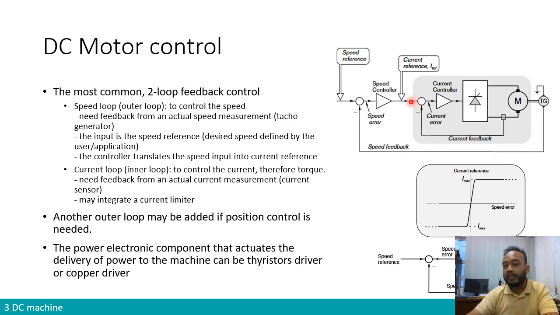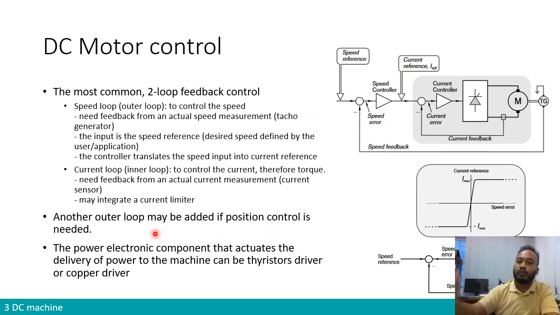That current will be the reference current sent into the current loop. So we have two loops, the speed loop and the current loop, or torque loop, embedded one in the other to control the speed of the machine and limit its current as well. Another loop may be added outside of the speed loop if we want to control the position.